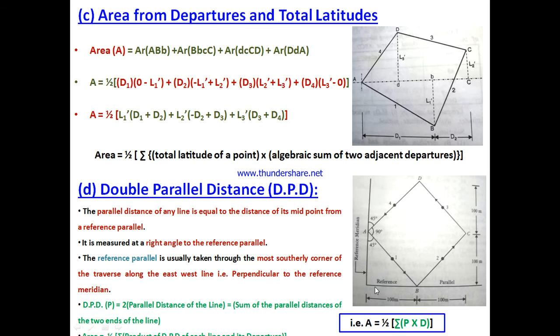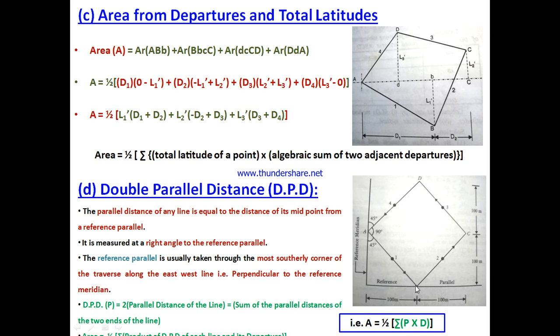But in this case, we are taking an axis known as the reference parallel through the extreme southerly part. From this figure we can say that B lies in the extreme south, so from here we can mark a reference parallel.